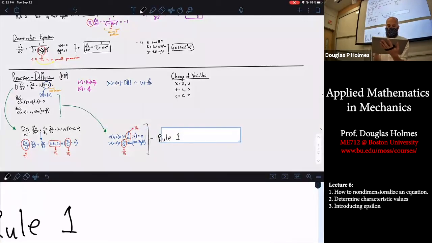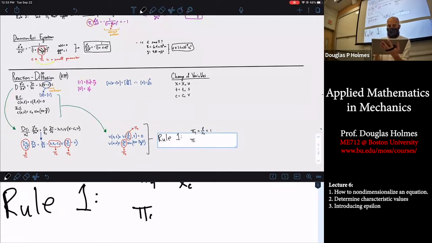So if we apply rule 1, we find that pi 4, which is L over XC, equals 1. And pi 5 is that C naught over CC equals 1.